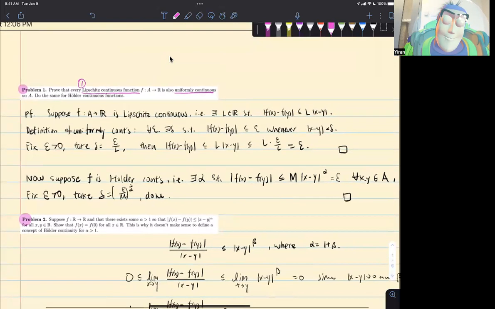Okay, so let's assume the function f is Lipschitz continuous. And then you might think, what is the definition for Lipschitz continuous? Well, a function with a domain A and map to R is Lipschitz if and only if there is a Lipschitz constant, and we can denote the Lipschitz constant as L, such that the absolute value of f(x) minus f(y) is smaller or equal than the Lipschitz constant L times the absolute difference between x and y.